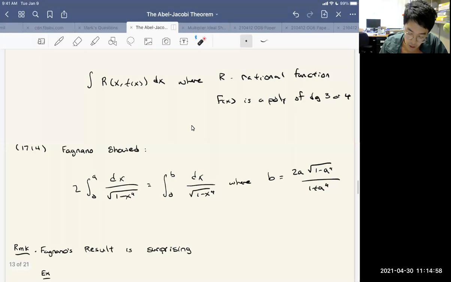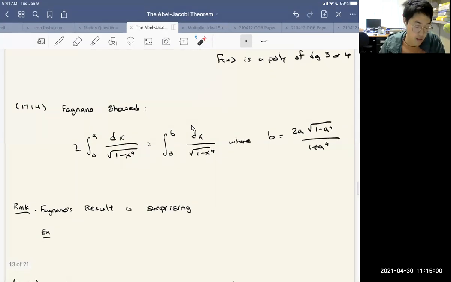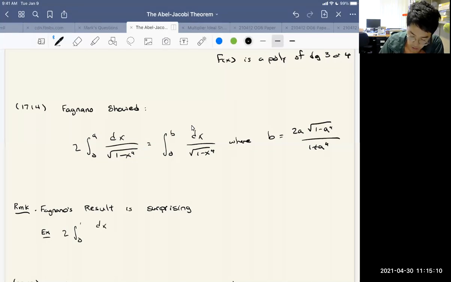I want to remark that this result is surprising. It's not true for any arbitrary integral that you write down. So we can take 2 times the integral from 0 to 1 of dx over 1 plus x squared.